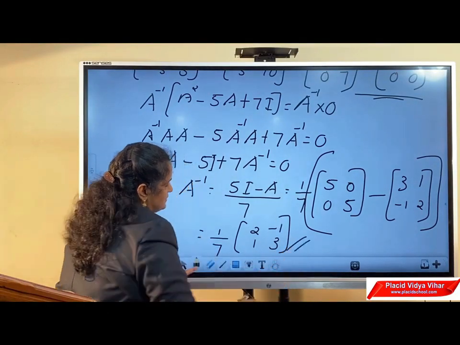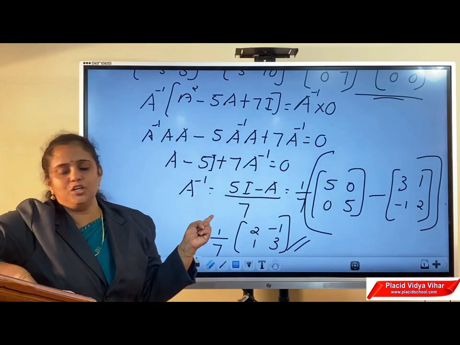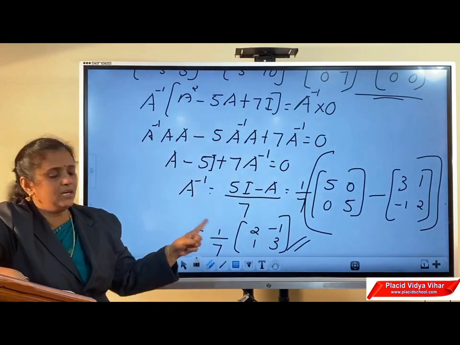Therefore, A inverse is equal to 1 by 7 into [2, -1; 1, 3].